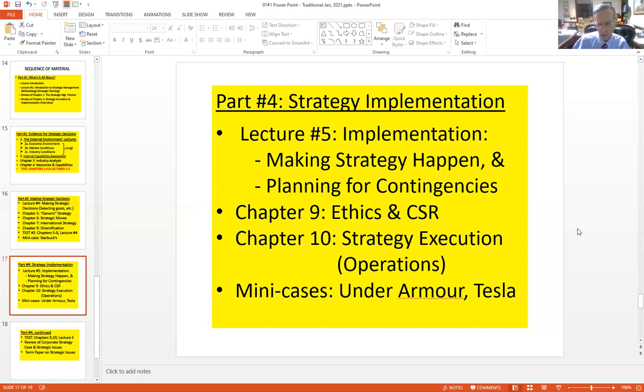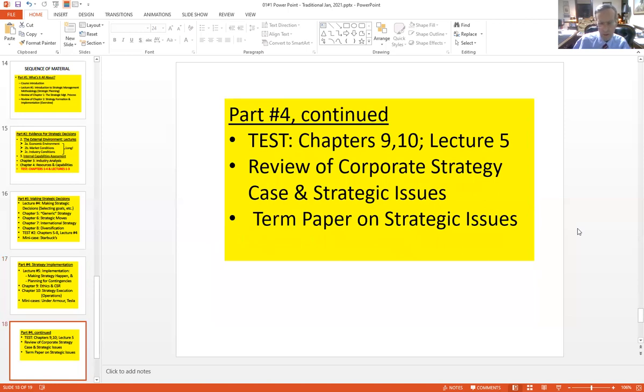Here in this last part of the course, we'll talk about 2 other mini cases at the back of your textbook. Under Armour, which I think is one of the first ones, and Tesla. And I know you're all familiar with Tesla, so that'll be a fun conversation. The very end of the course then includes a test on chapters 9 and 10 in lecture 5.